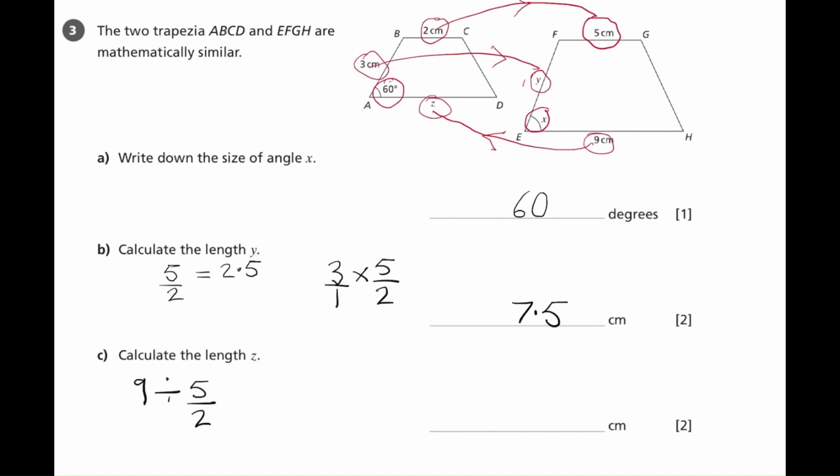Because we're dividing by a fraction, we would effectively take the number 9/1, and multiply and turn the fraction upside down to get 2/5. And if we work that out, we will get the answer 3.6 centimeters.